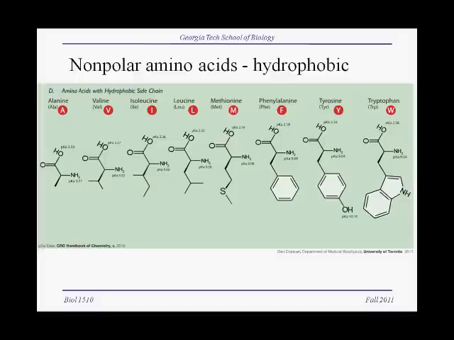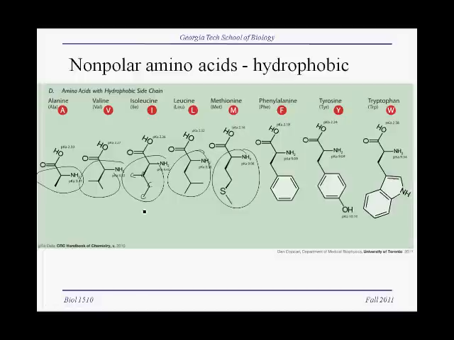The major divisions are by how they interact with water. So we have a hydrophobic group of amino acids, which means that their side chains are all hydrophobic molecules. You'll notice that they all have carbons, okay, and hydrogens, an occasional sulfur, but sulfur has virtually the same electronegativity as carbon.